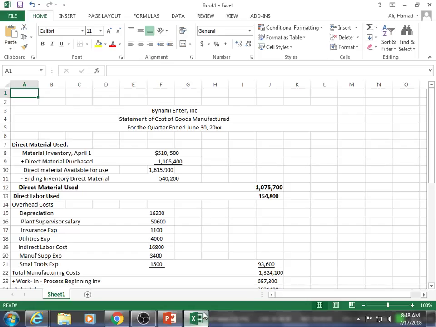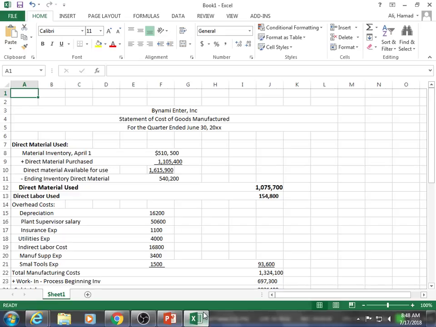Beginning finished goods inventory, cost of goods manufactured. The title said income statement, but we are just doing one section of the income statement, which is cost of goods sold.